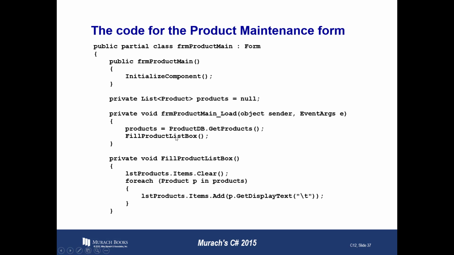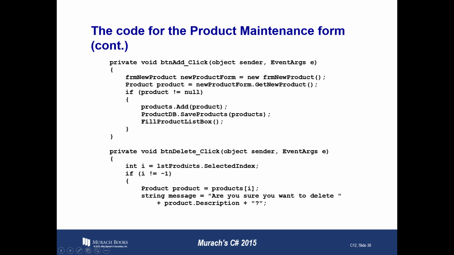When we call load, it's going to go out and find the file that contains our products and fill up that list box with those products. When we want to add a product, we're going to fill out, and that product is going to have in it what?